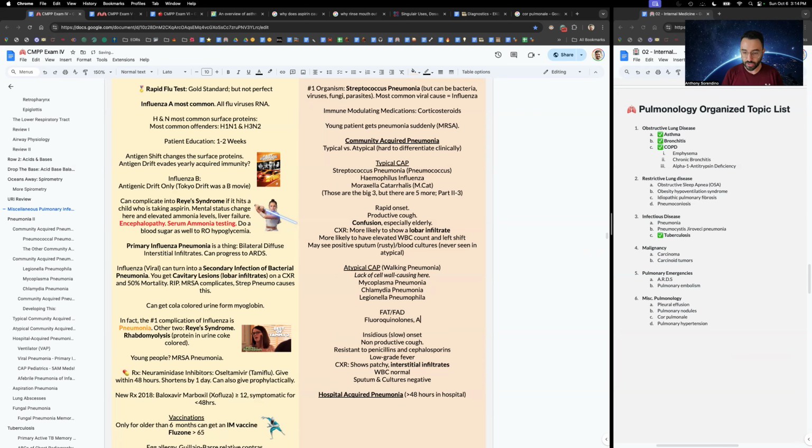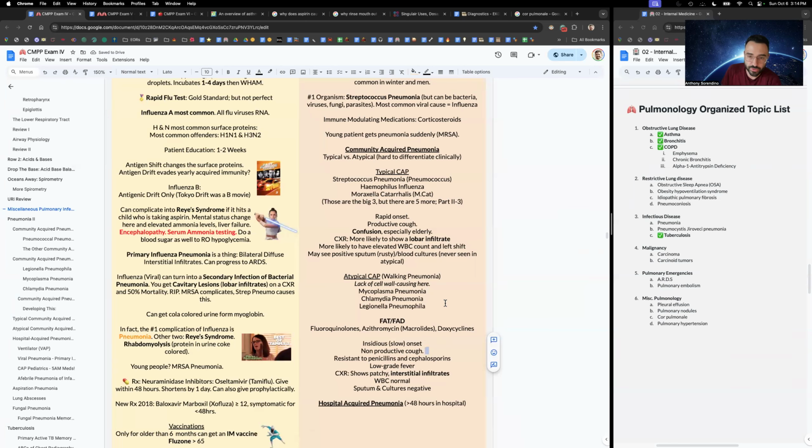A is azithromycin, so that's going to be our macrolides, azithromycin, erythromycin. And then the T can either stand for tetracyclines or D, which would be doxy. So three really important antibiotics to know, and those are going to target Mike's clam legs. Those are your atypical pneumonias.